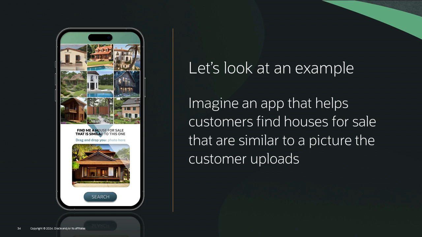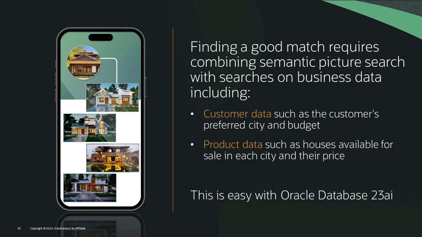So let's talk through an example of how this actually works. Let's say I've built this wonderful app that allows me to search for homes. I'm going to search for my favorite style home. I want a home as close to this as possible. So how do we do that? Well, we need to do two things.